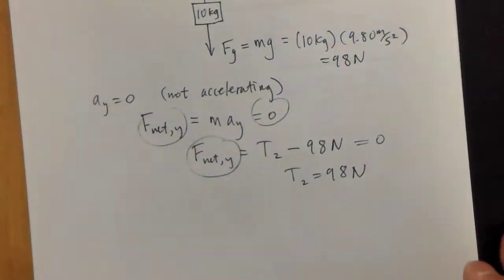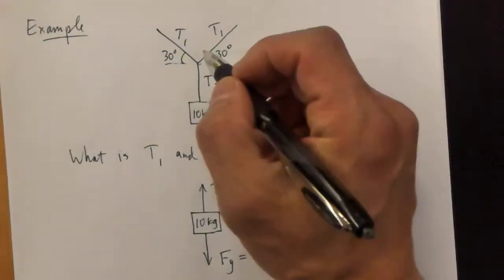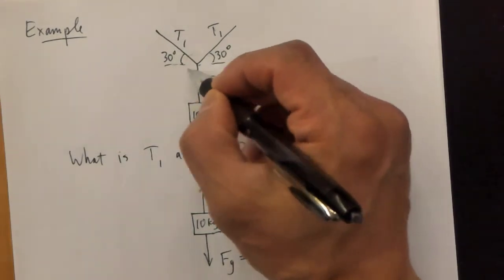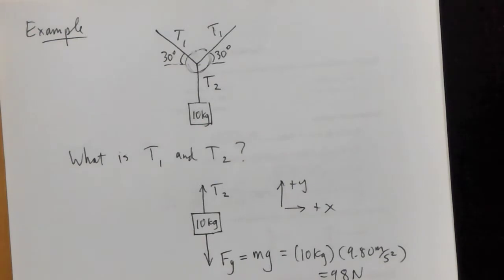Now, what we can do is use that fact and solve for T1. So, in order to figure out T1, I have to focus on this point here. Now, this is a little confusing because this is just a bunch of strings tied together, and we're assuming, I didn't say it, but when we draw strings, we assume that the mass of the string is negligible.